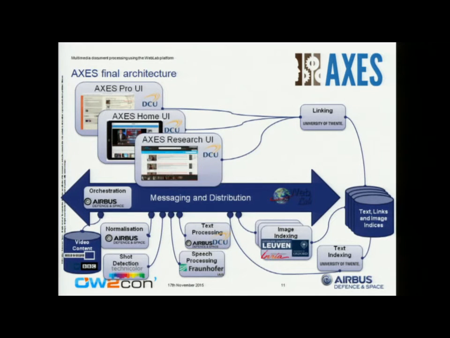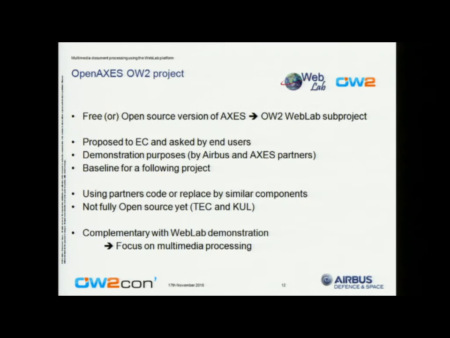And the research UI was focusing on journalists who want to produce reports. The Open Access project that I will present later is reusing the Axis Research UI, which was the one which is the easiest to understand.